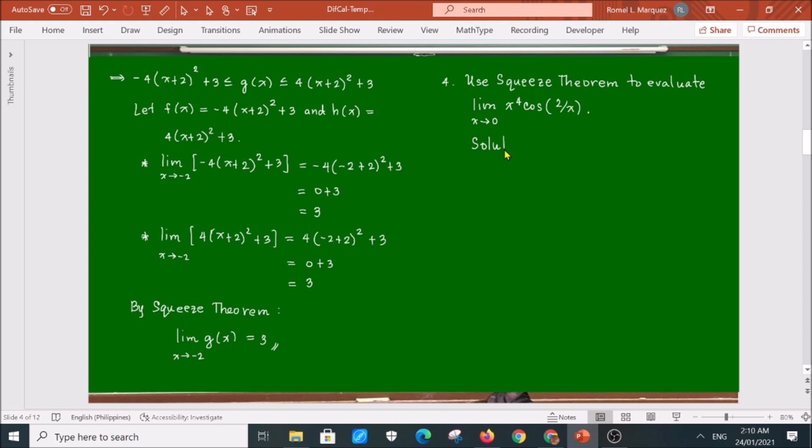Solution. The limit of x to the fourth as x approaches 0 is equal to 0.